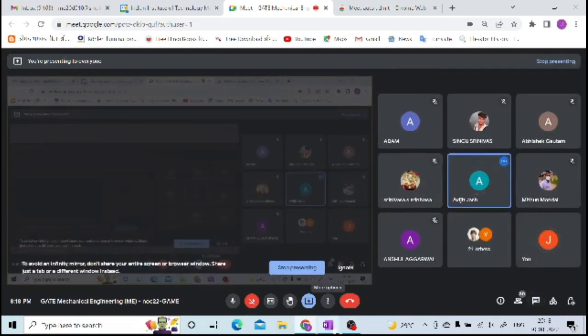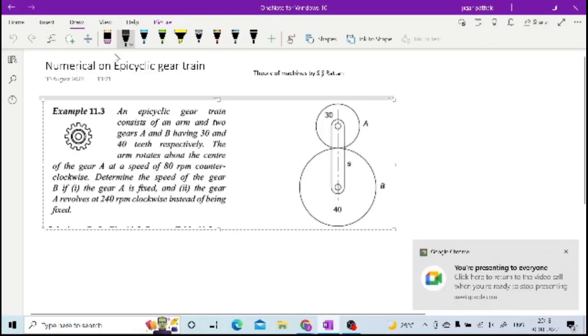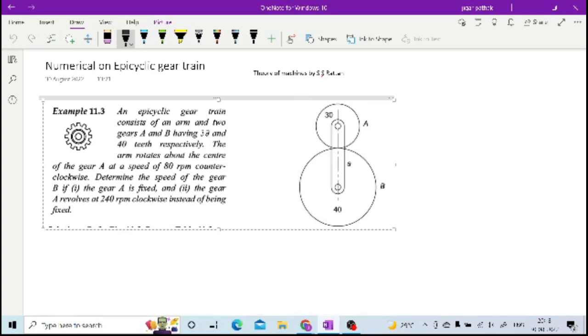Okay, so now let us go to solving a simple question. Here what you are provided is an epicyclic gear train. You have this arm A, and you have gears A and B, having number of teeth 30 and 40 respectively.